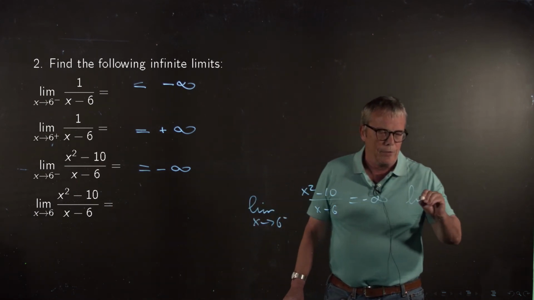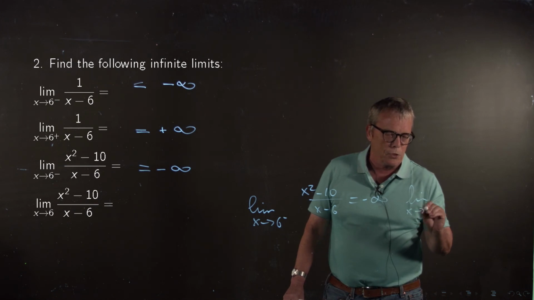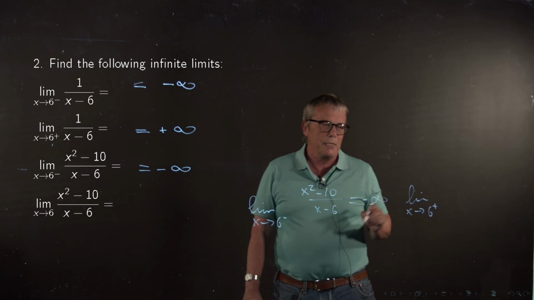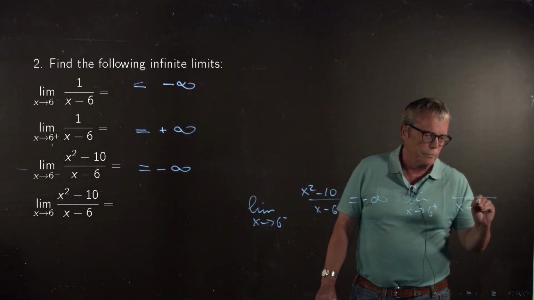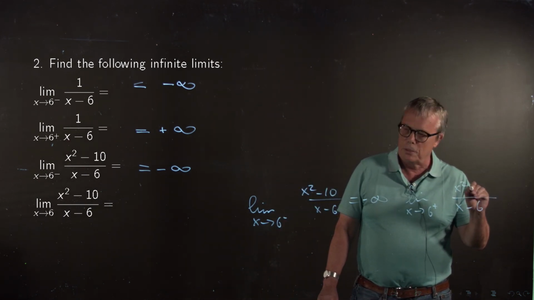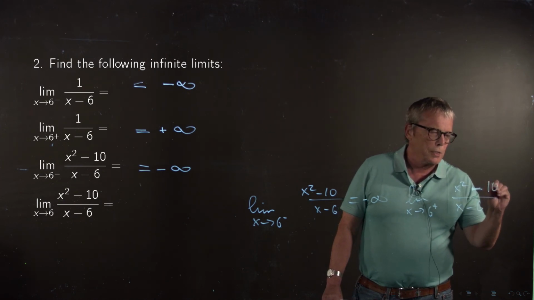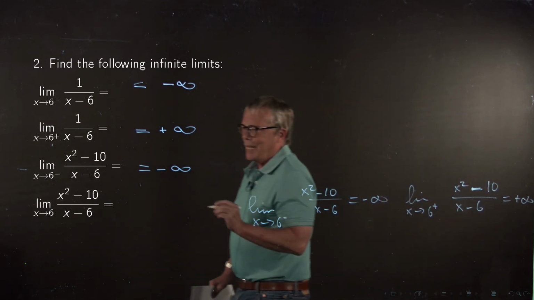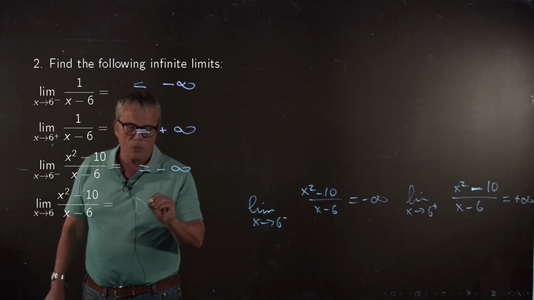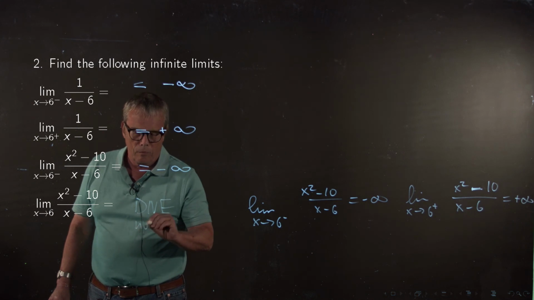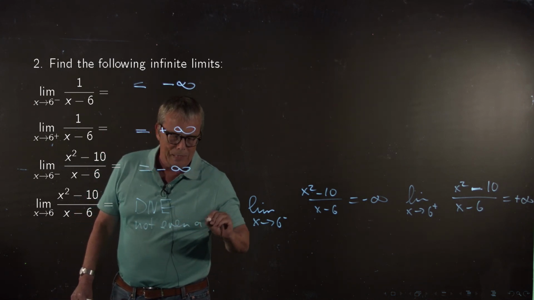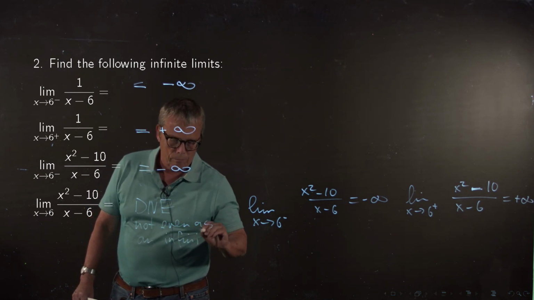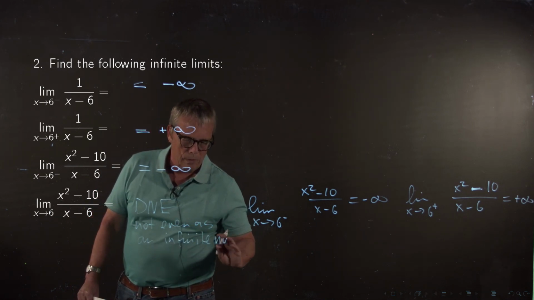But the limit of x approaching 6 plus, in this case, x minus 6 is positive. The numerator is positive, so it approaches plus infinity. So in that case, we have to say the limit does not exist, not even as an infinite number.